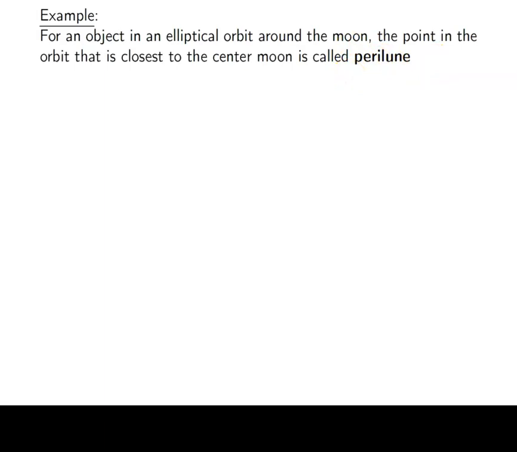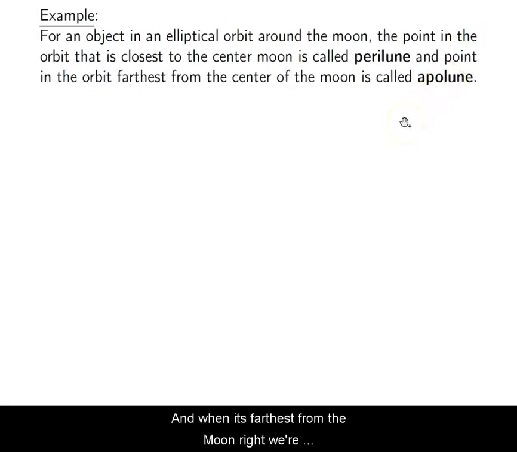Okay, the point in orbit that is closest to the center of the moon, right? So let's say we have a satellite and we send it around the moon. When it's closest to the moon, it's called the periselene. Okay. And when it's furthest from the moon, right, we're considering it the center, but it still would be the farthest away from the moon in general, it's called the aposelene.